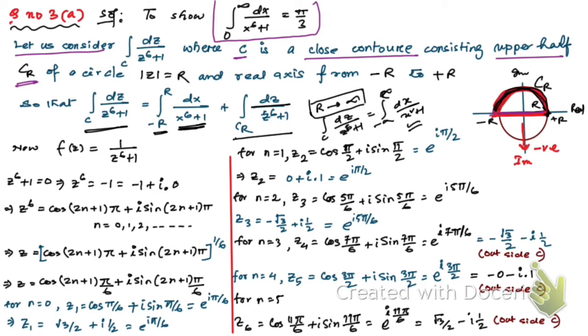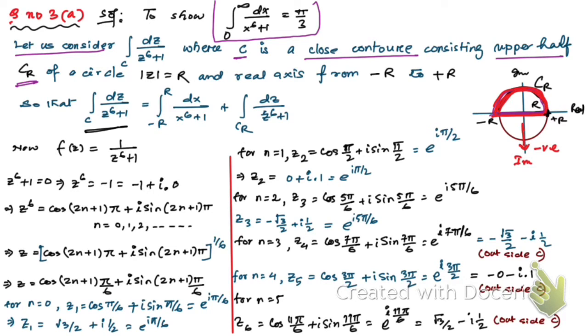What I have given here are the only pieces of information necessary to solve this problem, so you need to remember them. Let me tell you again. When you get this kind of problem, you have to consider this contour, which consists of the upper half of the circle, and on the real line you have positive r to negative r.